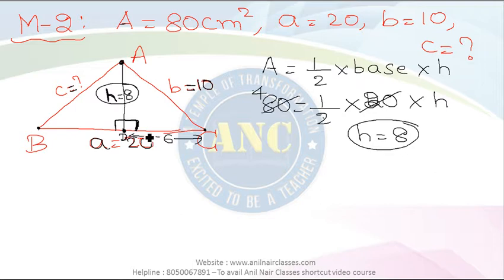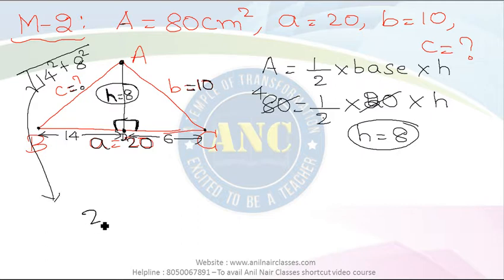Out of total 20, DC is 6. That means BD should be the remaining 14. Again it's a right angle triangle. This value is nothing but square root of 14 square plus 8 square. Pythagoras theorem. 14 square is 196 plus 64. Final answer is square root of 260.